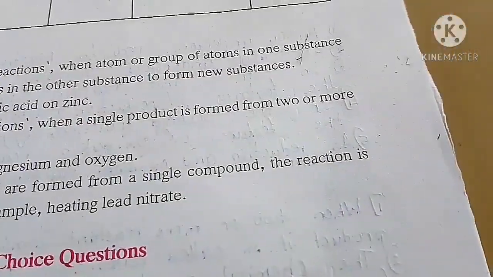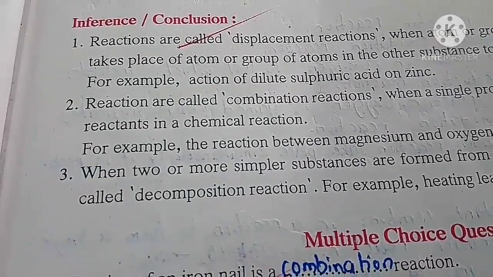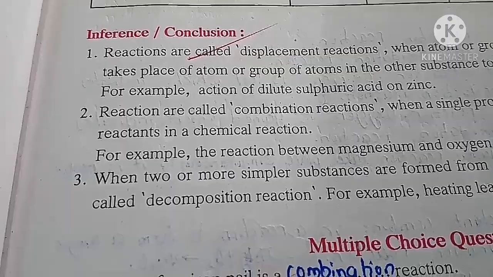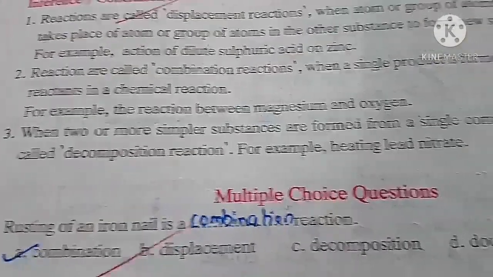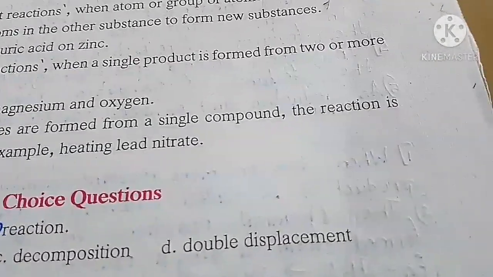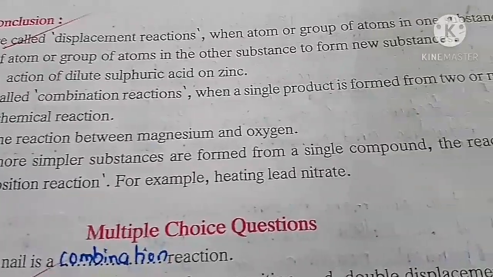Reactions are called combination reactions when a single product is formed from 2 or more reactants. For example, the reaction between magnesium and oxygen. When 2 or more simpler substances are formed from a single compound, the reaction is called a decomposition reaction. For example, heating of lead nitrate.